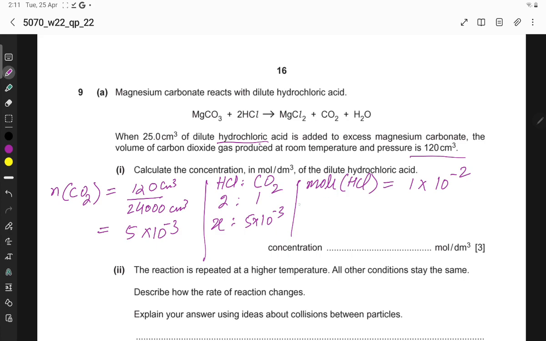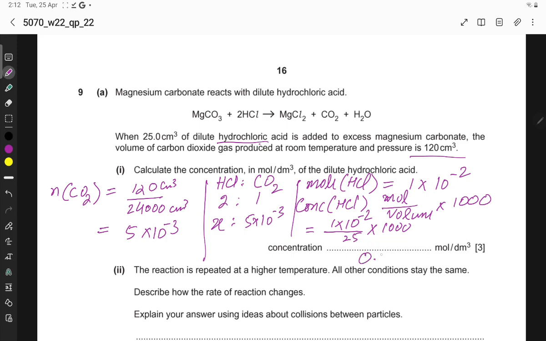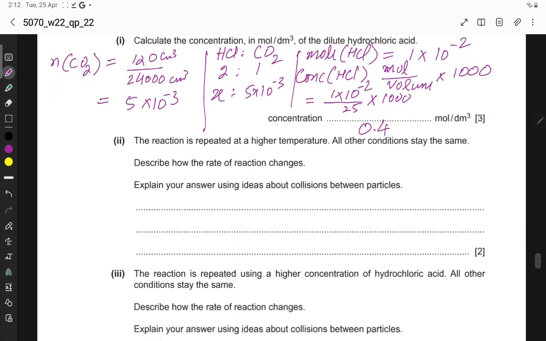So the concentration of HCl is mole over volume into 1000. Mole is 1 into 10 raised to minus 2 divided by volume 25 cm cube, multiplied by 1000, is equal to the concentration. The concentration is 0.4 mole per dm cube.